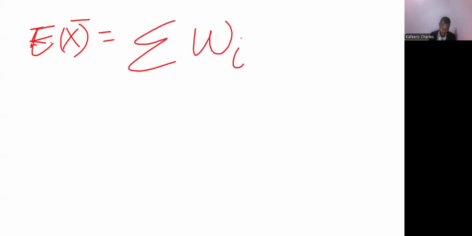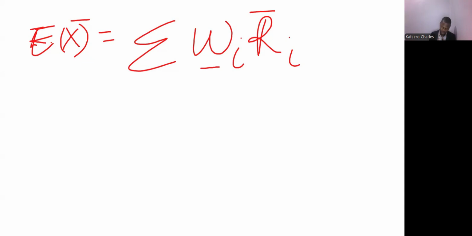Previously, we saw the expected return is E(X) = X bar for a single project, the summation of W times R bar. This was just the probability, and this is the return. Or this one, you can call it the weight.